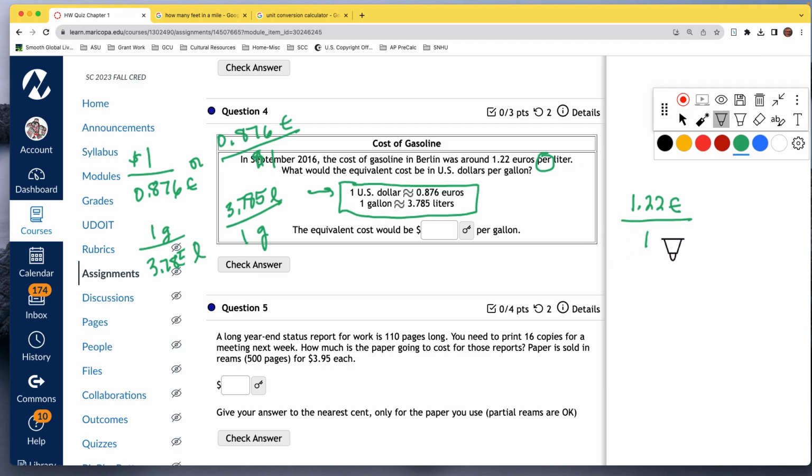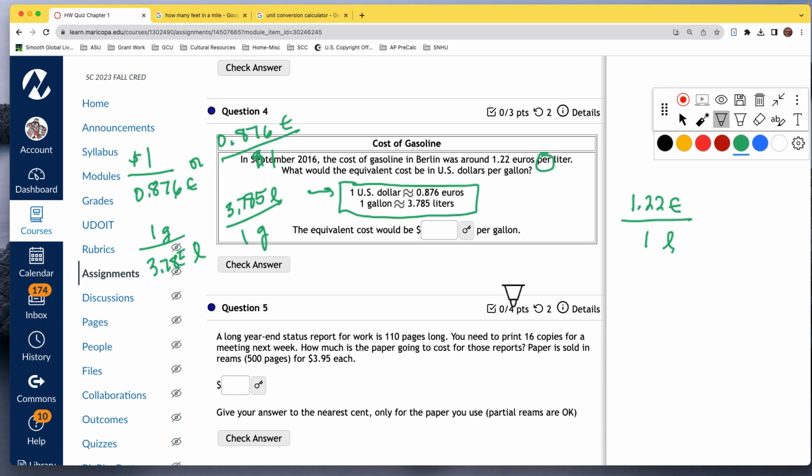So when it just says per liter, that's the same thing as saying 1 liter. And the question is what would be the equivalent cost in US dollars per gallon? Okay, so we're going to do two conversions. We need to convert the euros to dollars and the liters to gallons.